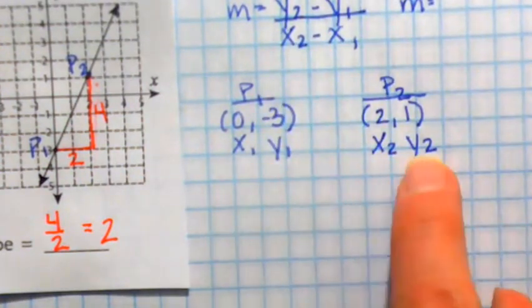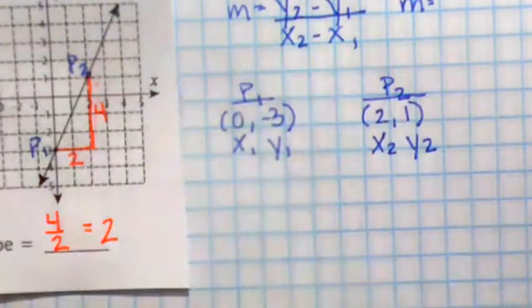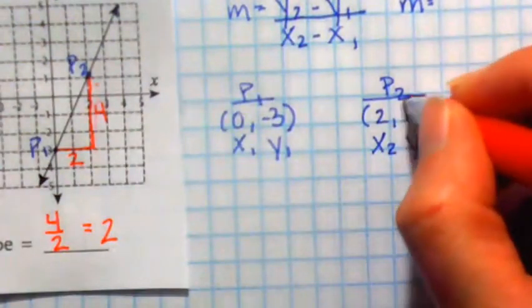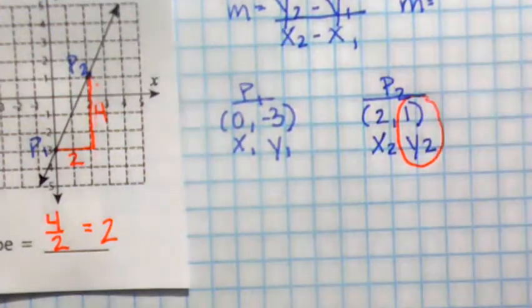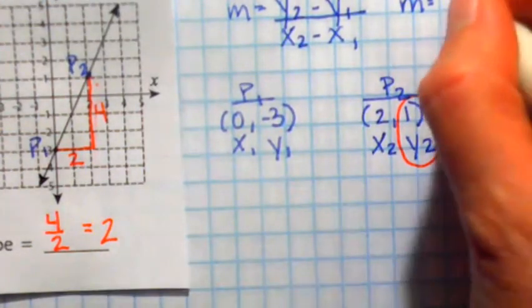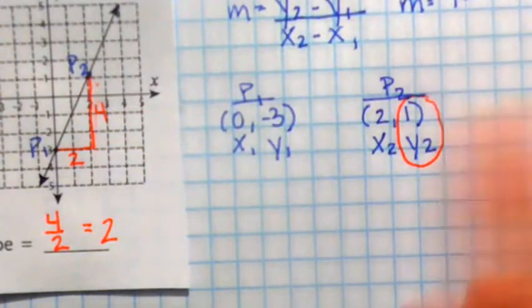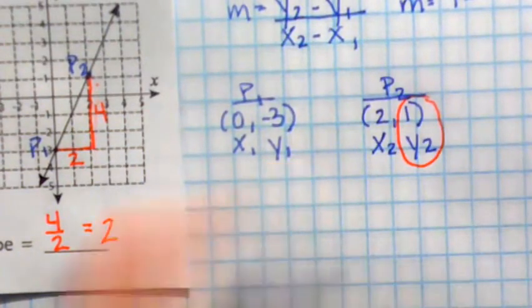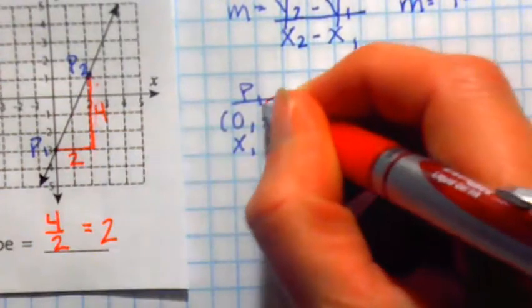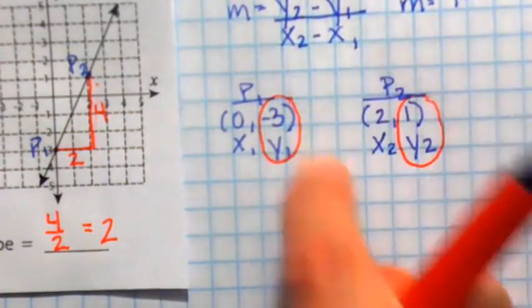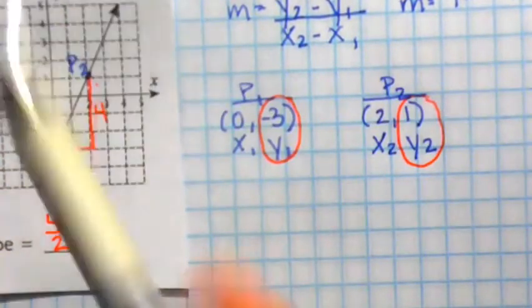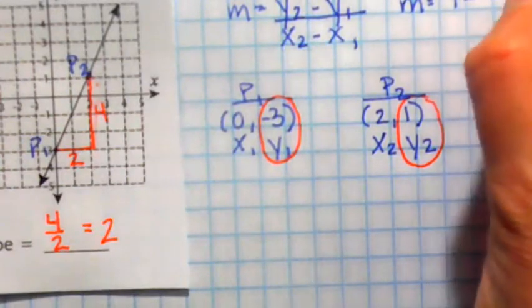Let's see, where's y2? Y2 is right here. My y2 is 1. So I'm going to say 1. And then I've got to keep my subtraction, take away my y1, which is -3. So take away -3.